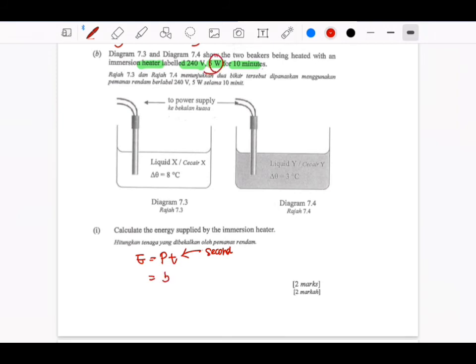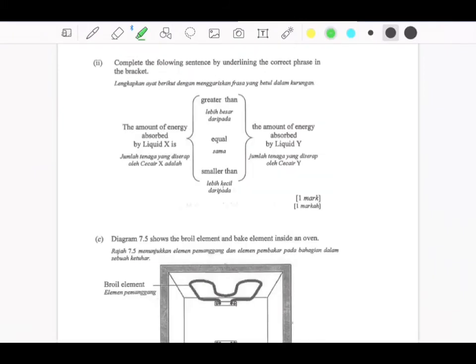The power of the heater is 5 volt and the time 10 minutes. Change to second. 1 minute equals to 60 seconds. Total is 3. Okay, part 2, complete the sentence by underlining the correct phrase.